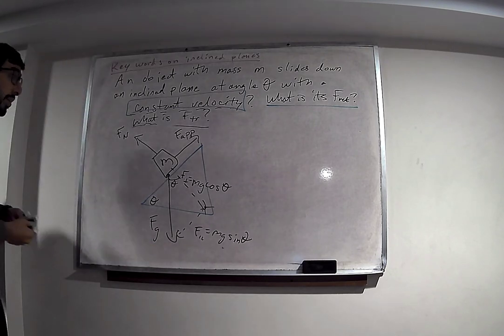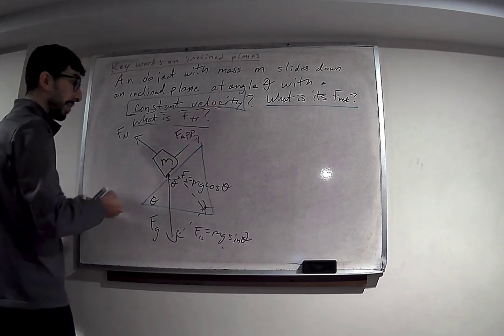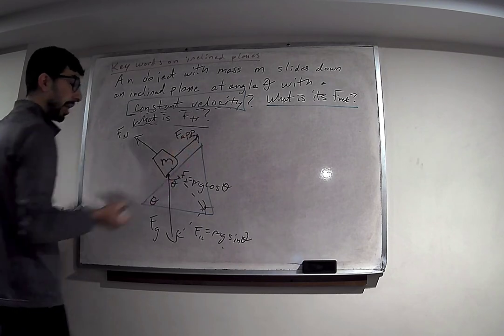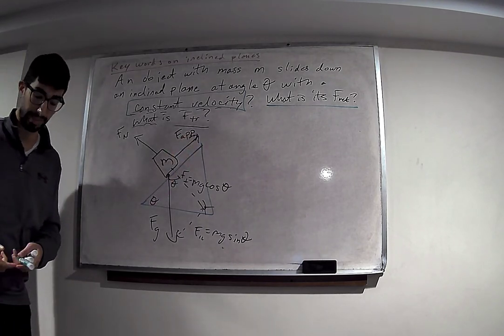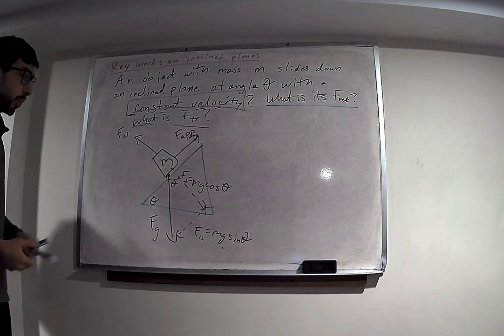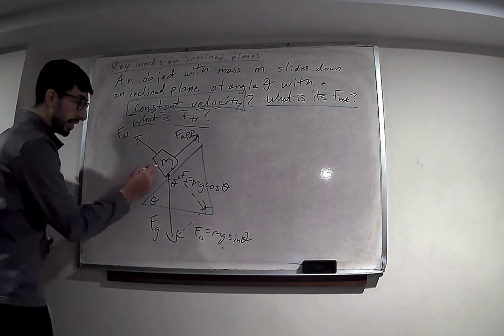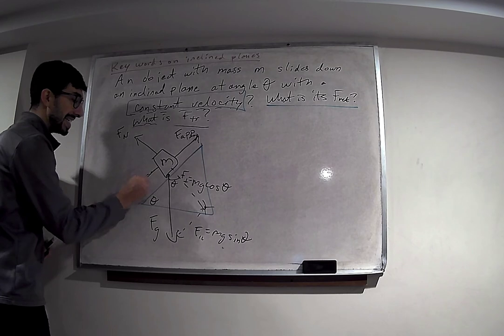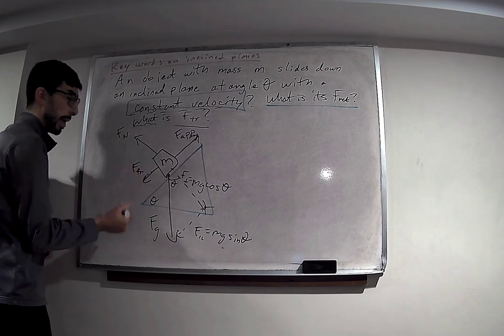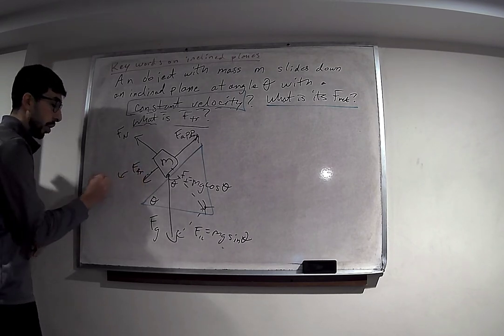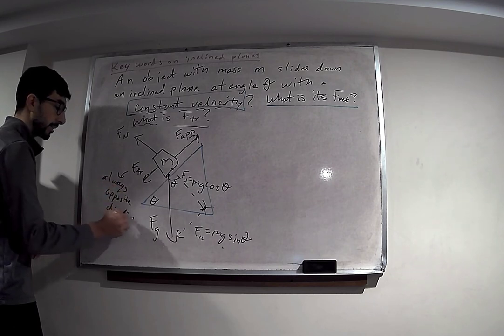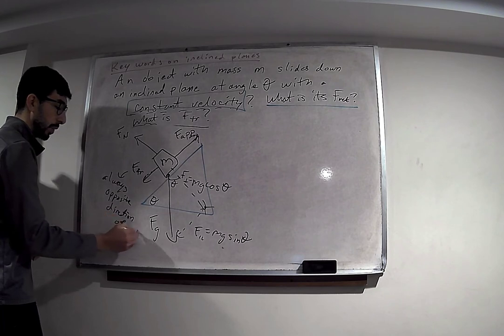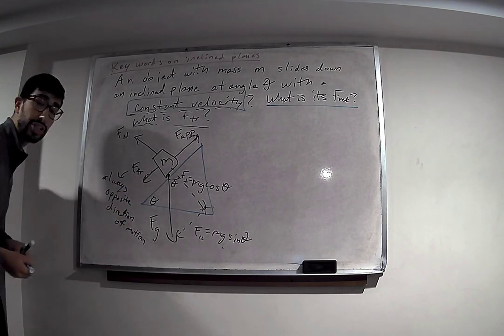And what I want to say here is when applied force is pulling up the surface, what direction is our friction force? What direction is our friction force? And the answer is our friction force in that case will be down the surface, because friction force is always opposite the direction of motion. So in a case like this where you pull up like this, the friction force changes direction.